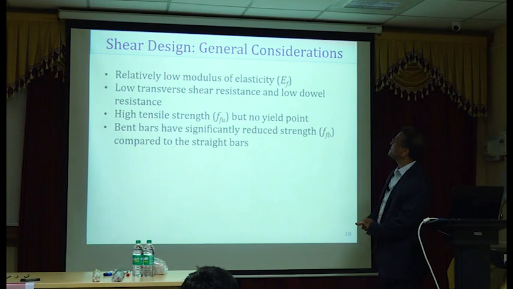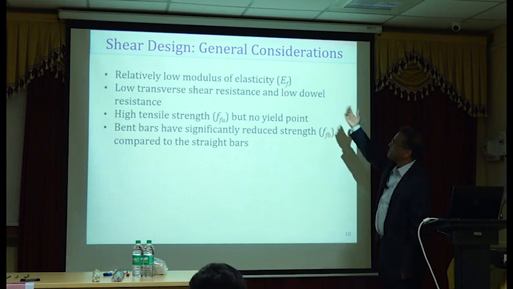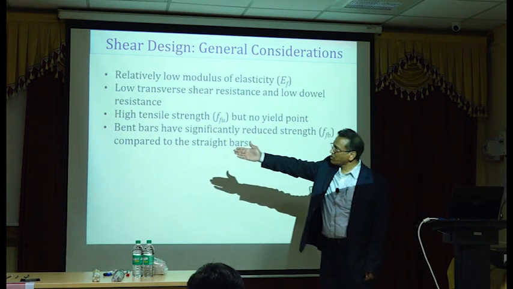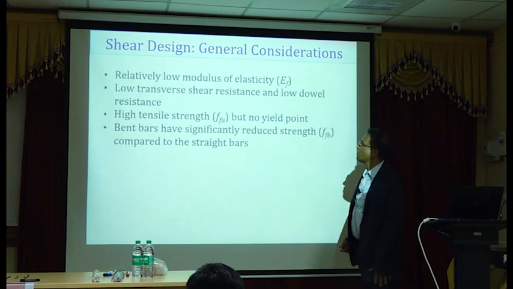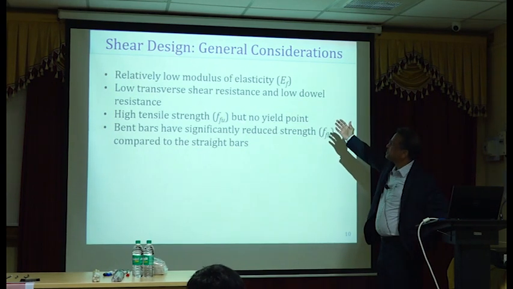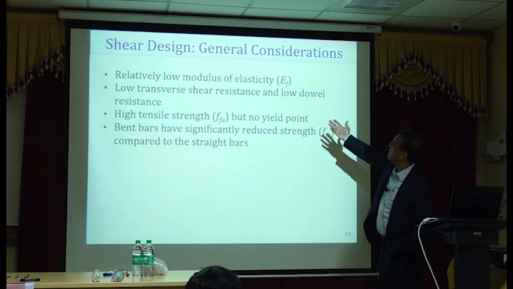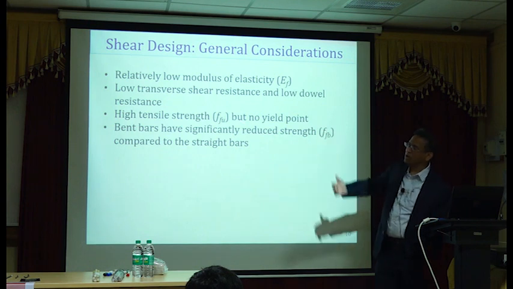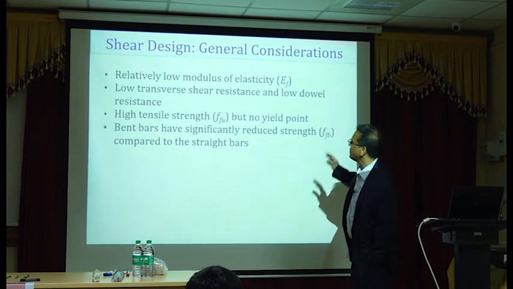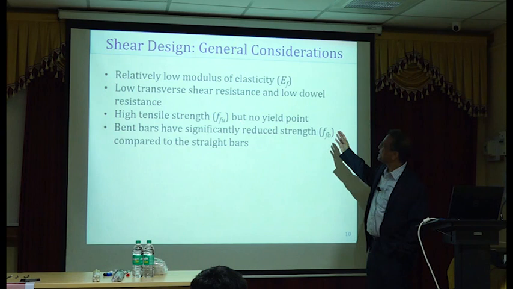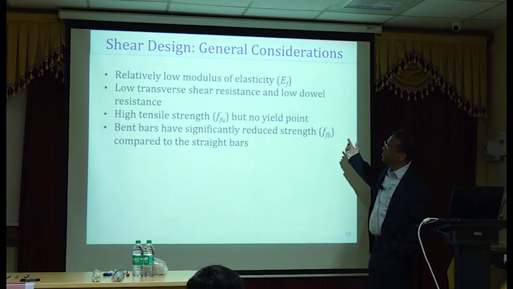Okay, what about shear design for FRP reinforced concrete beams? I already mentioned this, relatively low modulus. We looked at the numbers. That's a problem. So low transverse shear resistance, obviously, and low dowel action. Then high tensile strength, but no yield point. So that's another problem.